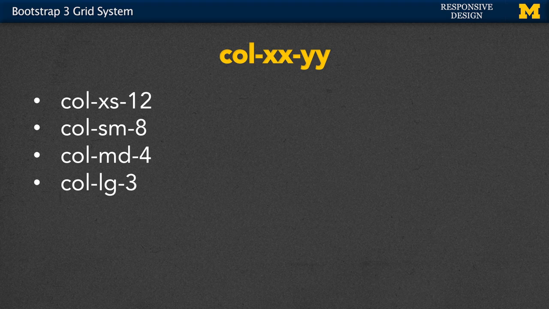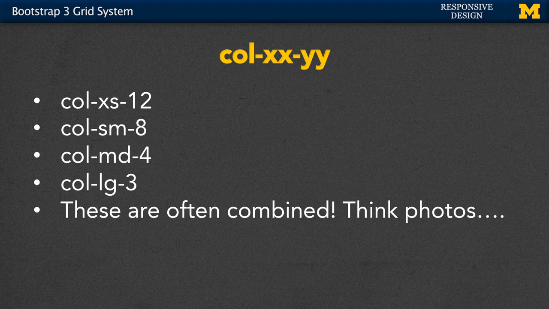And for col-lg-3, you're saying, oh, well, this is a large screen. It doesn't need to be as big as it was on those other screens. Let's just use up 1/4 or 25%. Now, this is the interesting thing. Many times you're going to combine these classes together. So let's think about if you're going to put pictures on your website.